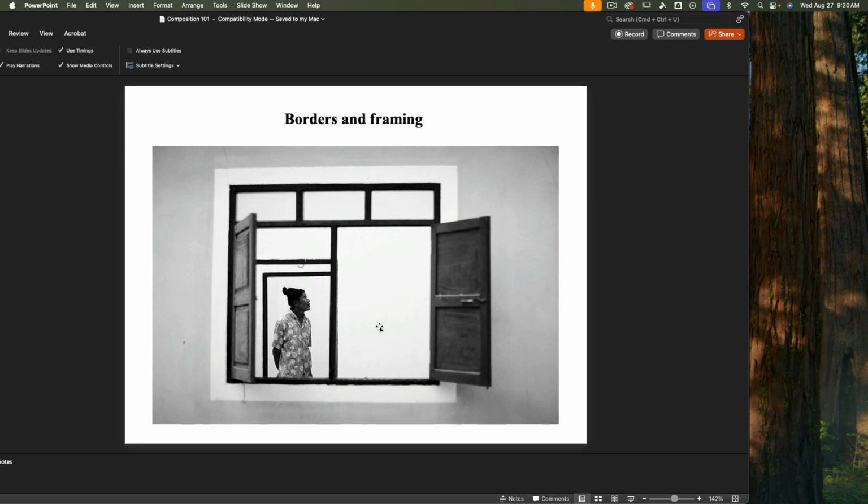Imagine if this photo was just him standing in front of a wall. Super boring. But as soon as you put the subject inside of this frame, it looks much more impactful.